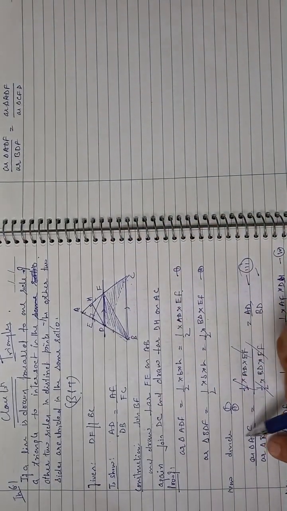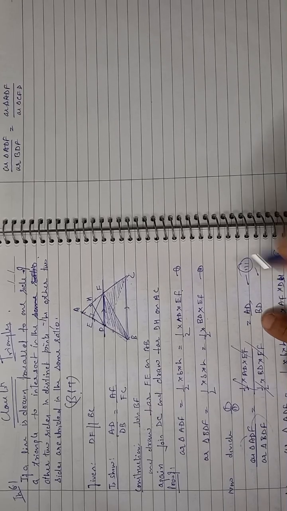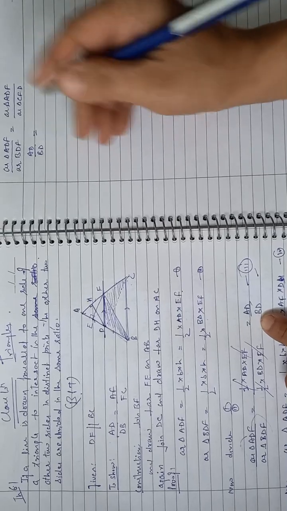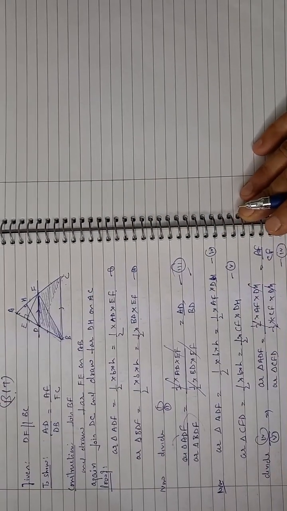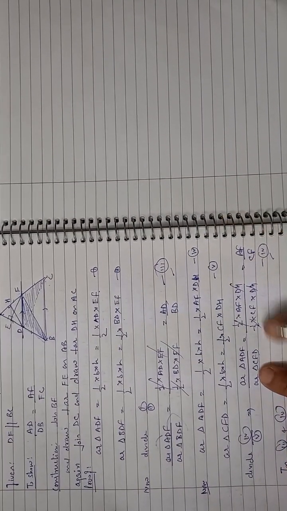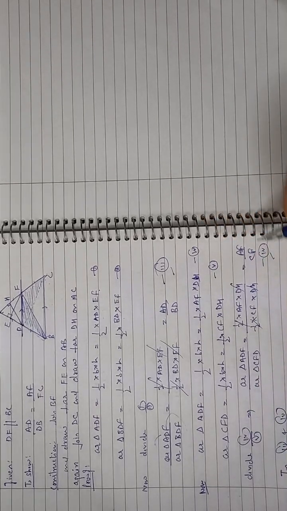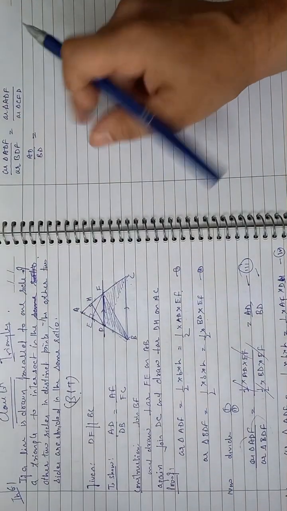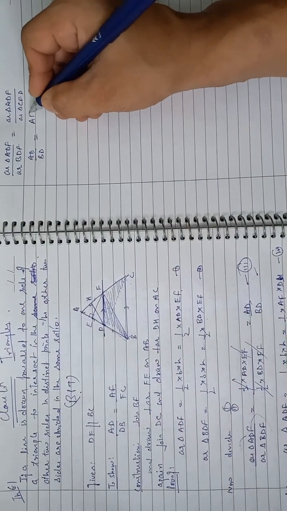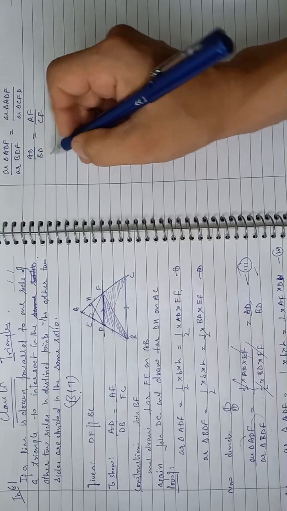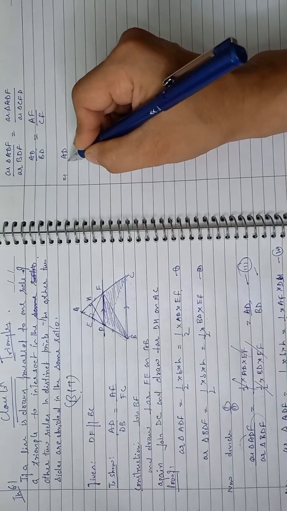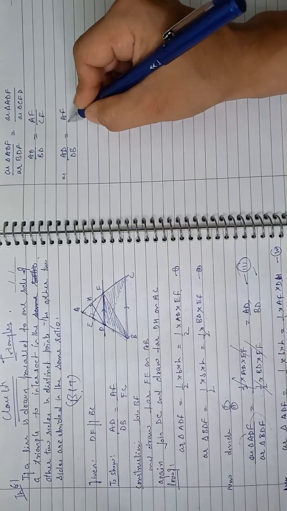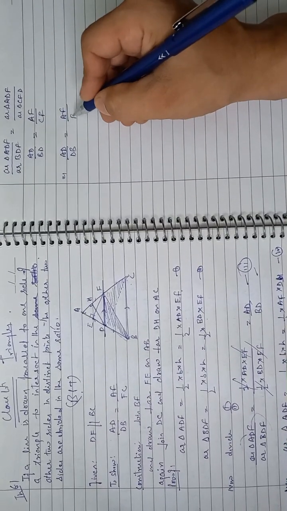So this ratio is equal to AD upon BD, and this ratio is equal to AF upon CF. Implies AD upon DB is equal to AF upon FC.